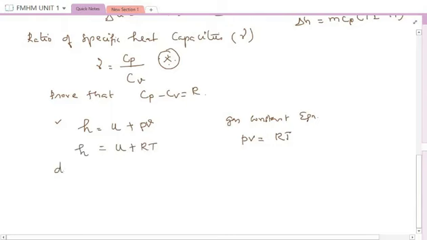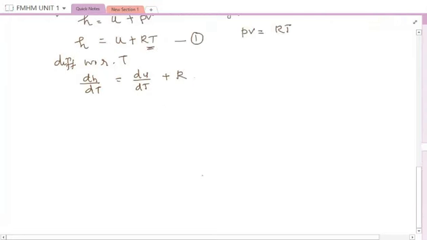Next step, you go for differentiation with respect to temperature of the above equation. So you get dH by dT, which is equal to dU by dT plus, if you differentiate the term, R. And we already know the formulas: Cp is nothing but dH by dT, likewise Cv equals dU by dT, right?